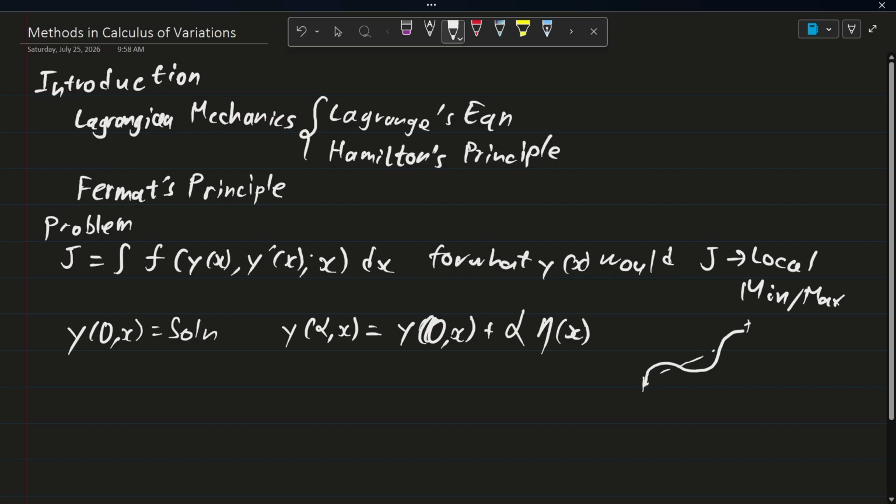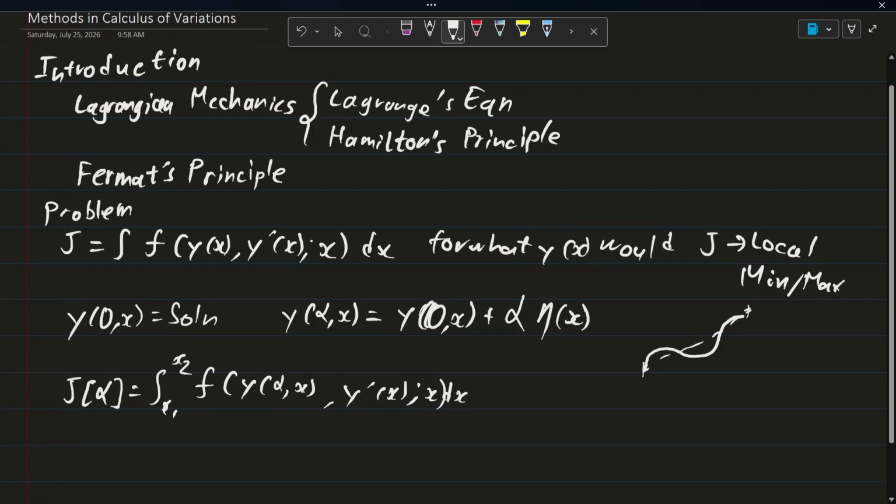Let's say y0 is the actual solution, and we have some variations, which are not exactly the minima or the maxima. We can rewrite the problem as J(alpha) is the integral of f(y_alpha(x), y'_alpha(x), x) dx, and we want to find where the local minima and maxima are.